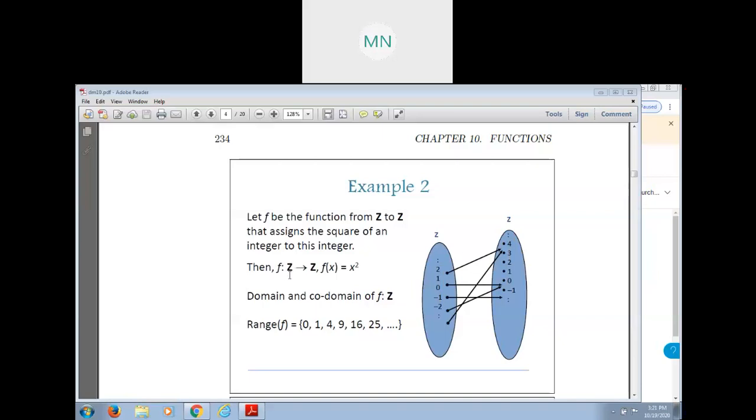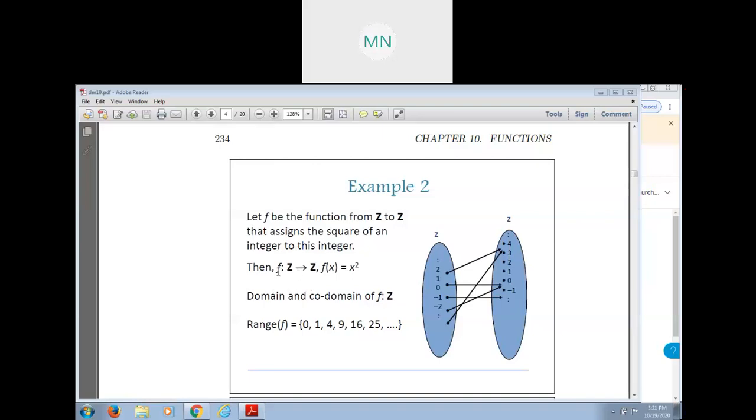Here the function is from Z to Z, so the domain is Z. In a function, the first set is always considered the domain. After seeing the function, you can automatically say what the domain is.